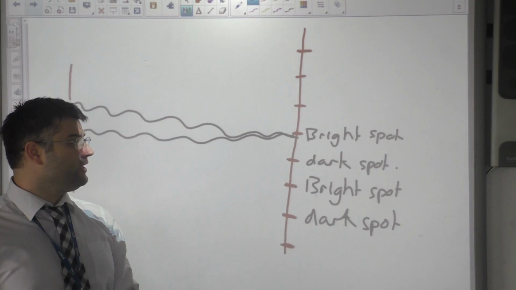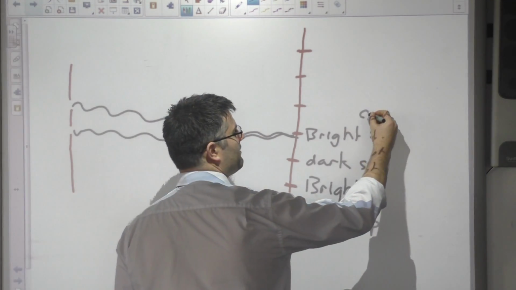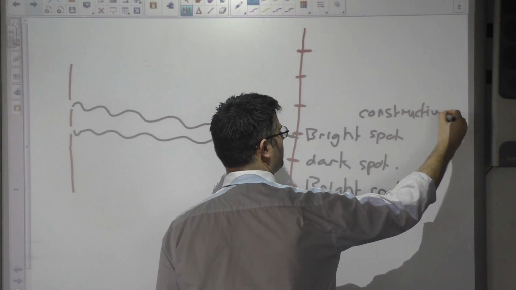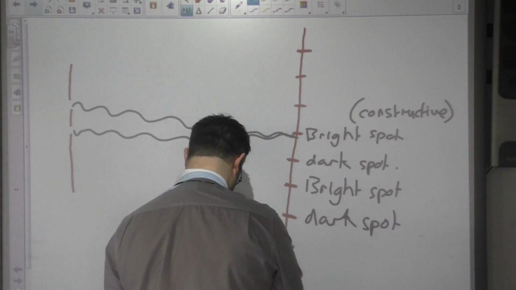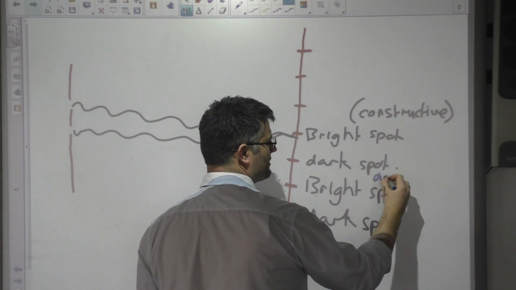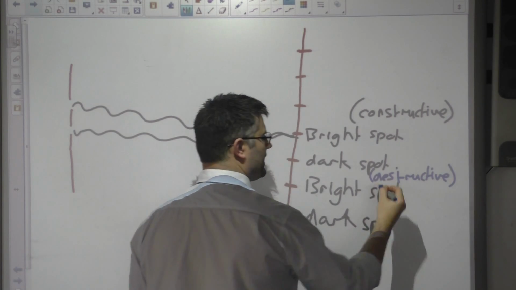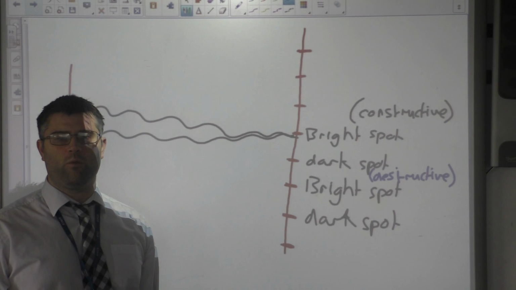Now, as you'd imagine, bright spots are where we get constructive interference, whereas dark spots are because of destructive interference. So let's look more intrinsically at why that can happen.